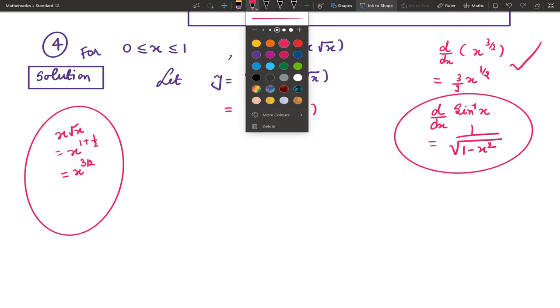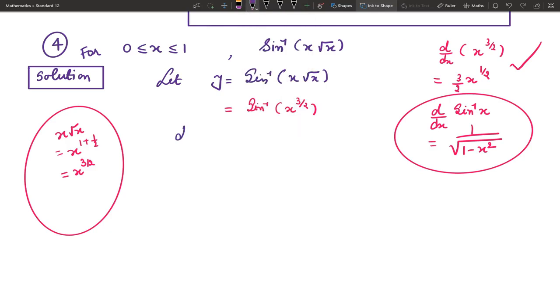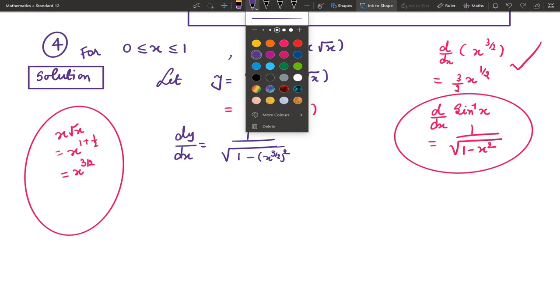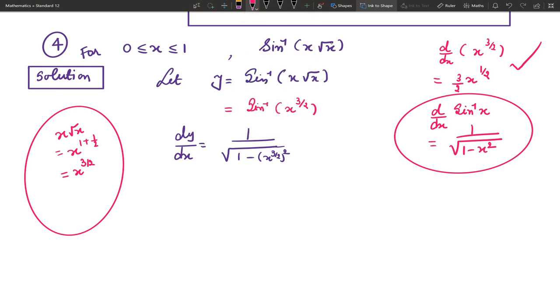Therefore dy by dx equal to 1 upon under root 1 minus x raised to 3 by 2 square into, by chain rule you can observe inside it is function of x. So by chain rule d by dx of x raised to 3 by 2.